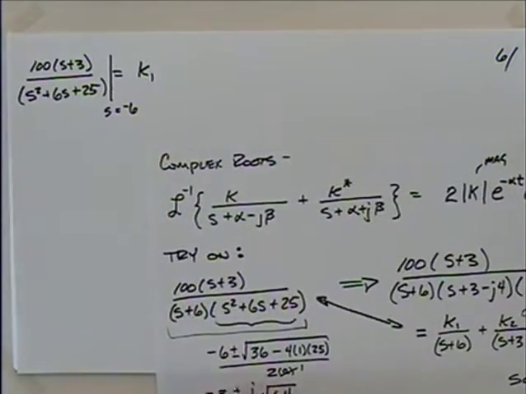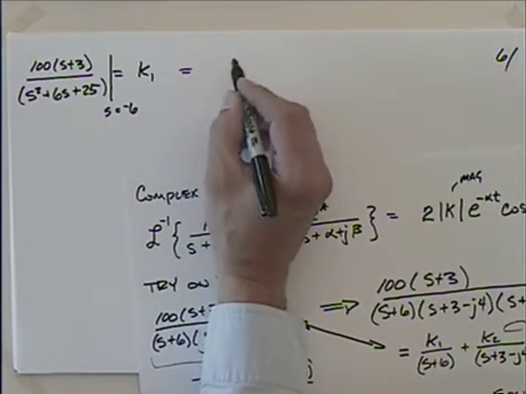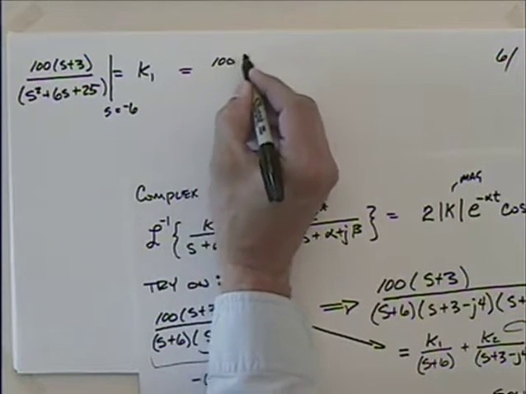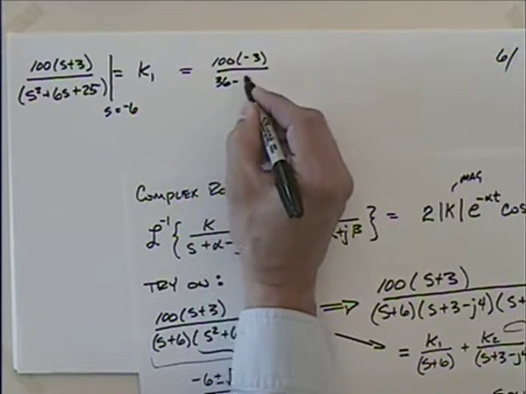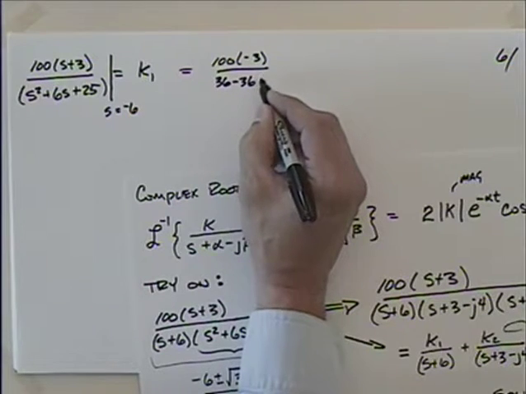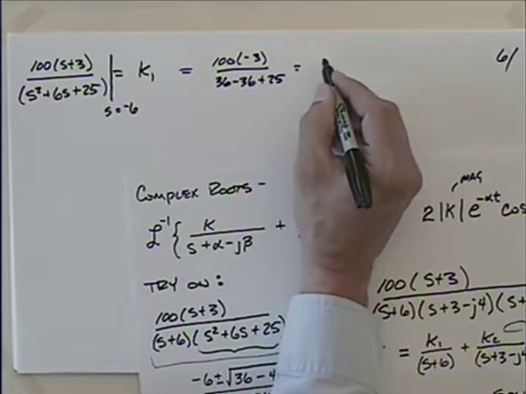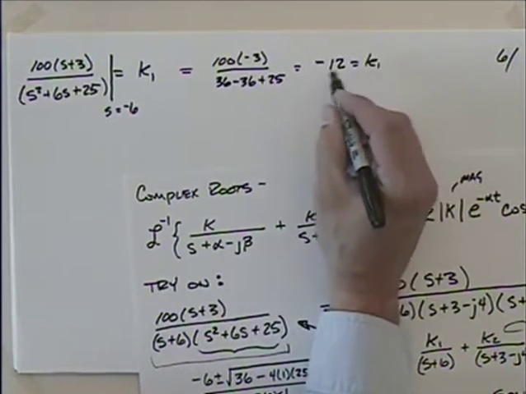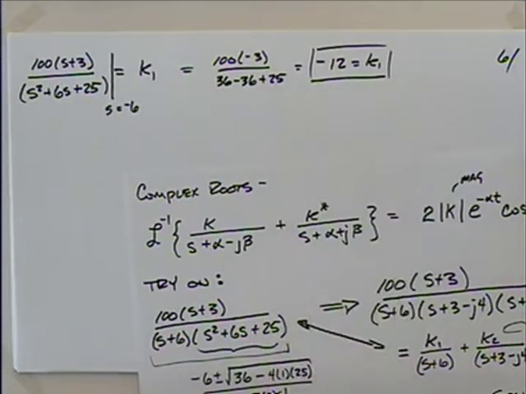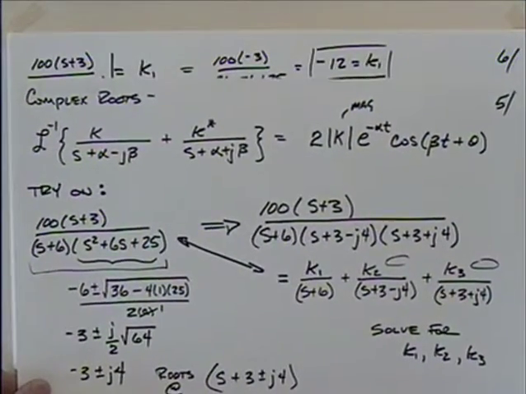So when we get to that, you have 100 times minus 3 divided by 36 minus 36 plus 25, which gives me minus 12, is equal to K1. K1's a real number, not a problem. No surprises there.